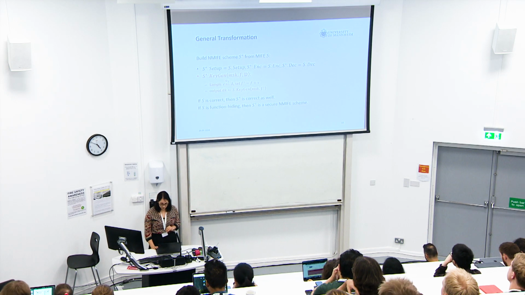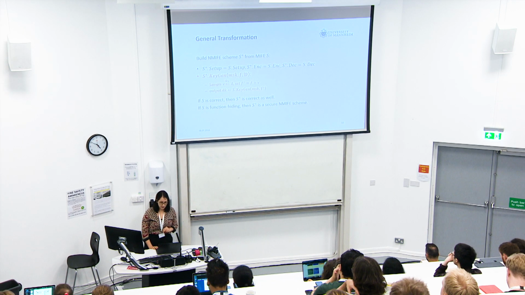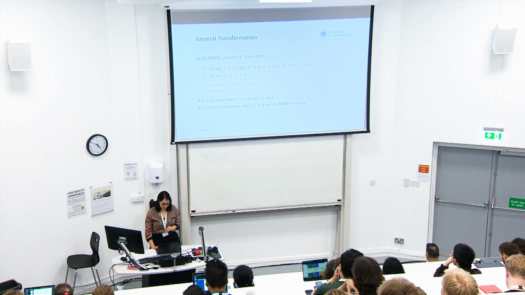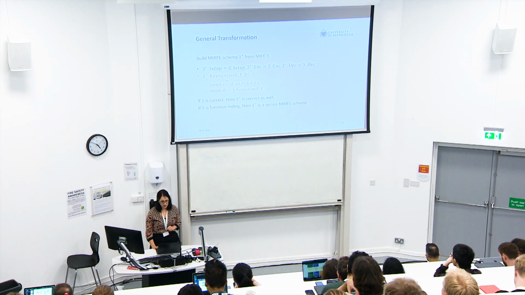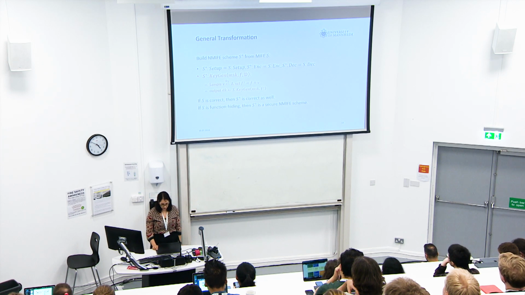And of course, f star needs to be supported by our MIFA scheme, and we show in our paper that if s is correct, then also our noisy MIFA scheme s star is correct, and if s is a function hiding MIFA scheme, then s star is a secure, noisy MIFA scheme.